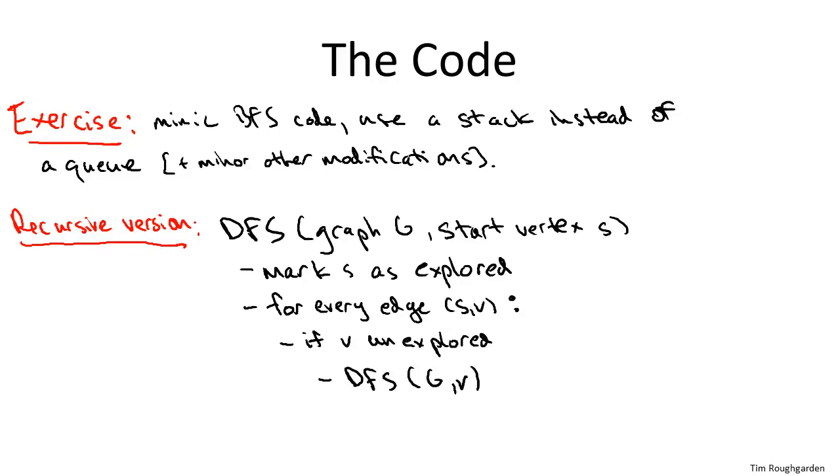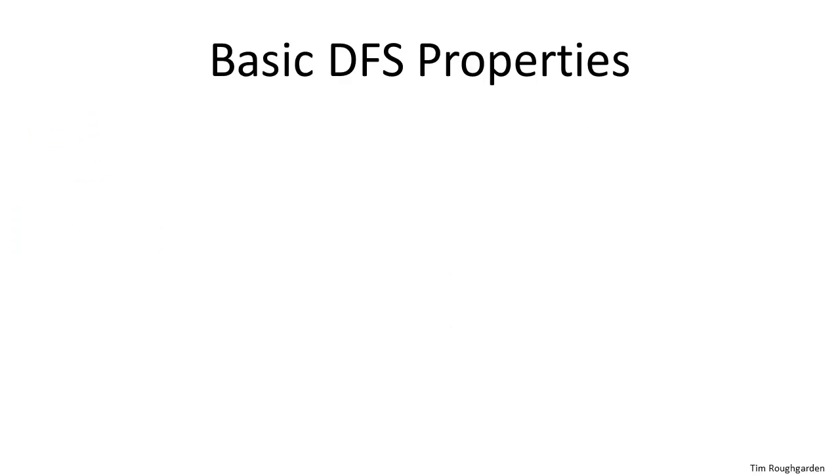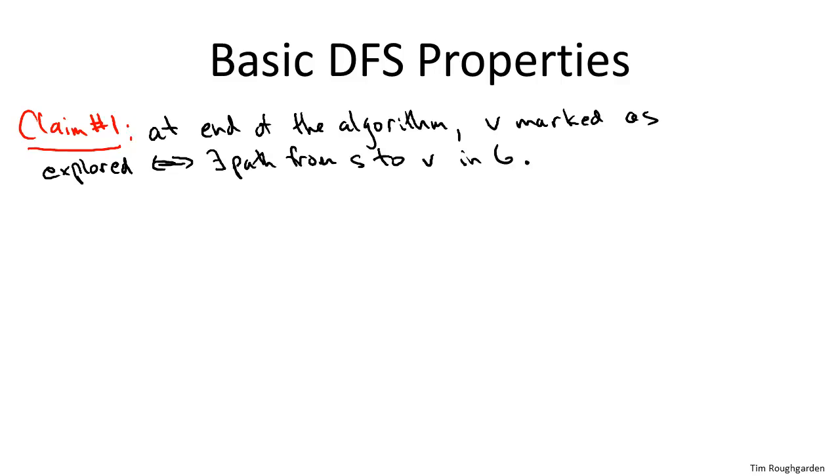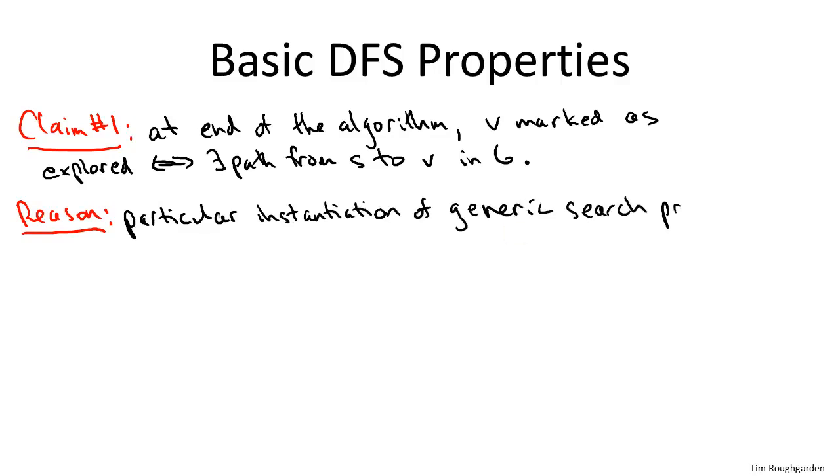The basic guarantees of depth-first search are exactly the same as they were for breadth-first search. We find everything we could possibly hope to find, and we do it in linear time. Once again, the reason is that this is simply a special case of the generic search procedure that we started this sequence of videos about. It just corresponds to a particular way of choosing amongst multiple crossing edges between the region of explored nodes and the region of unexplored nodes, essentially always being biased toward the most recently discovered explored nodes.